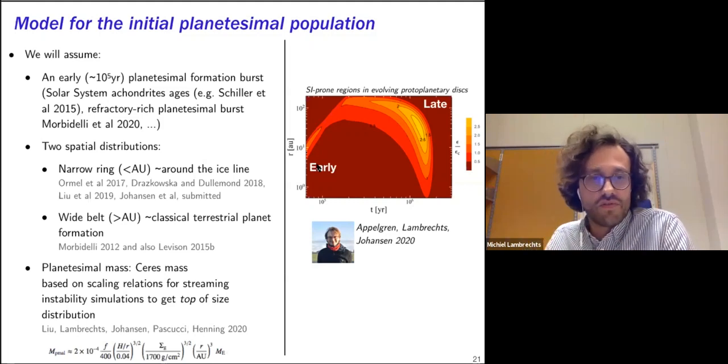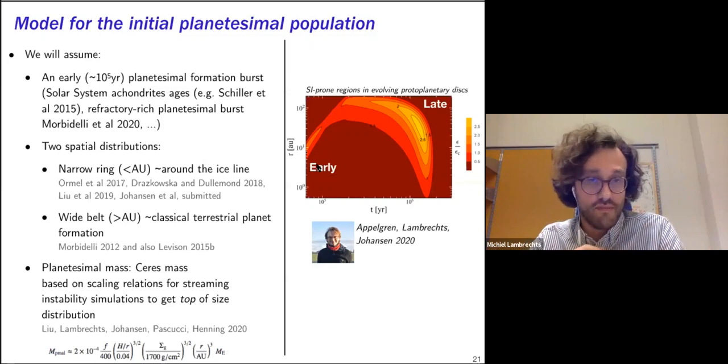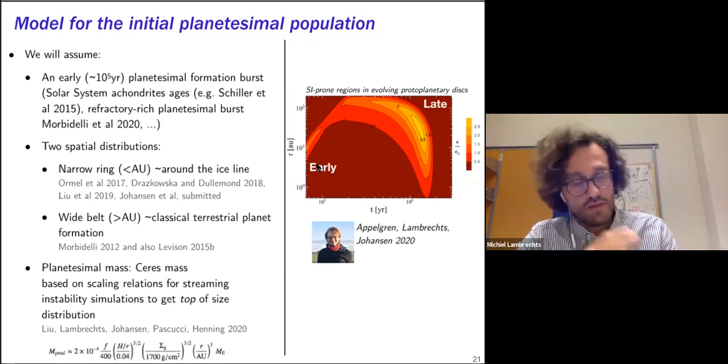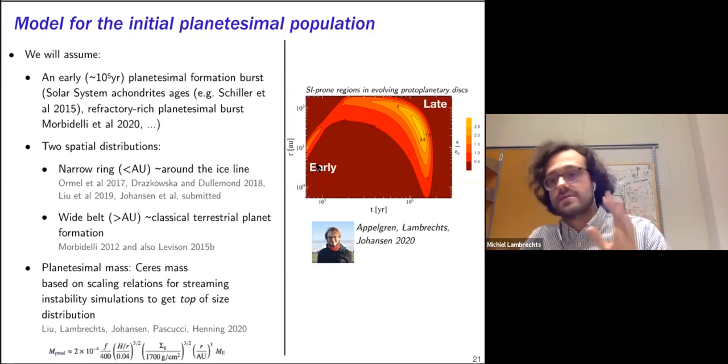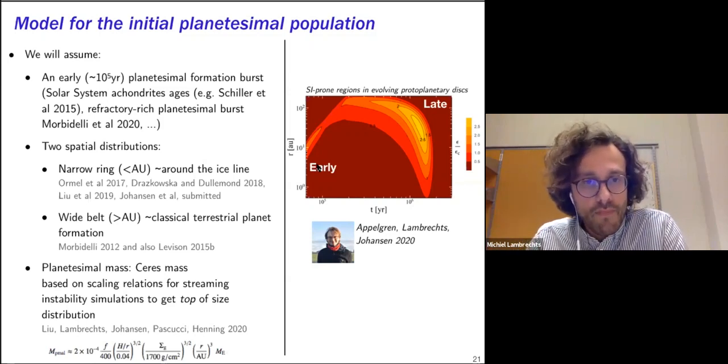there are also different assumptions one can make about the spatial distribution of where you put those planetesimals. There's a good case to make, I think, that the first planetesimals form around the iceline. That's something that Chris Ormel has also investigated in the context of the TRAPPIST super Earth system.